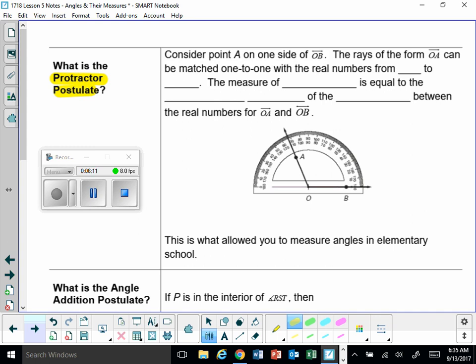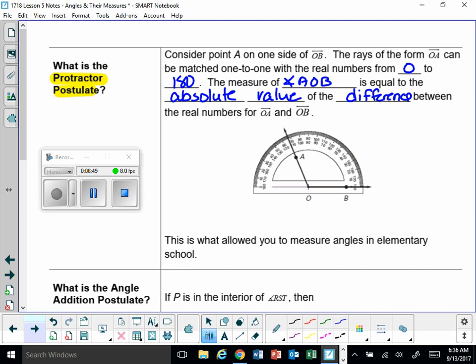Consider point A on one side of OB. The rays that form OA can be matched 1-to-1 with the real numbers from 0 to 180. The measure of angle AOB is equal to the absolute value of the difference between the real numbers for ray OA and ray OB.